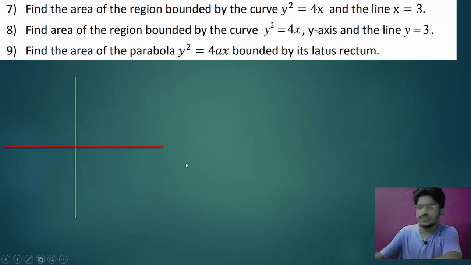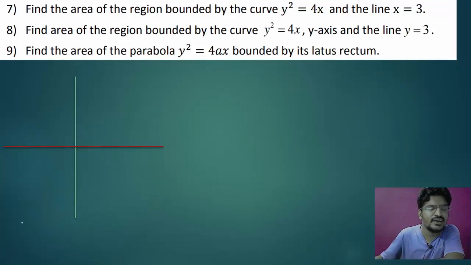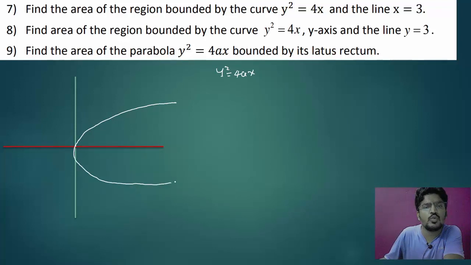Okay, students. So now let us go for the 9th problem and let us try to calculate it. See the 9th problem, that is y square equal to 4ax bounded by its latus rectum. So from the diagram you can see the latus rectum for y square equal to 4ax is x equal to a.